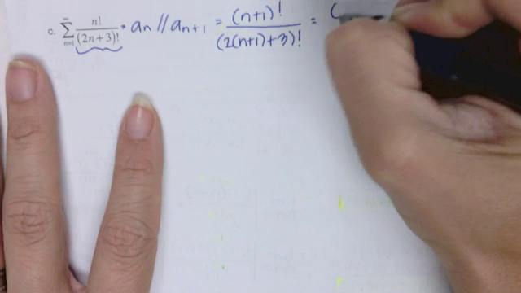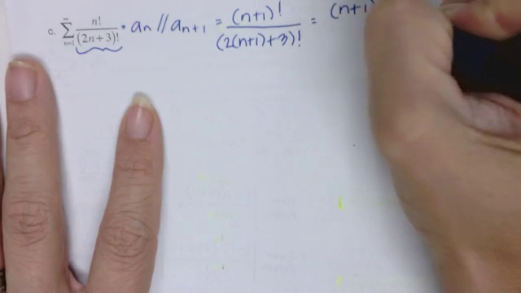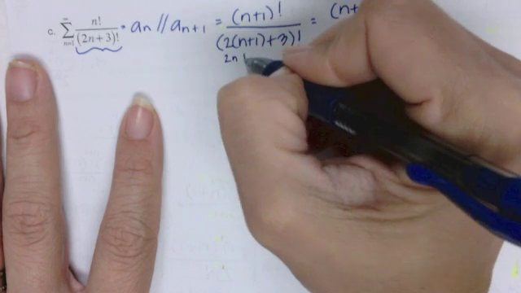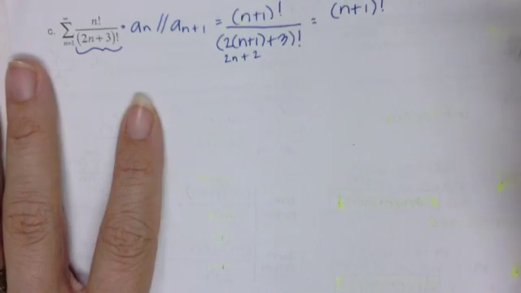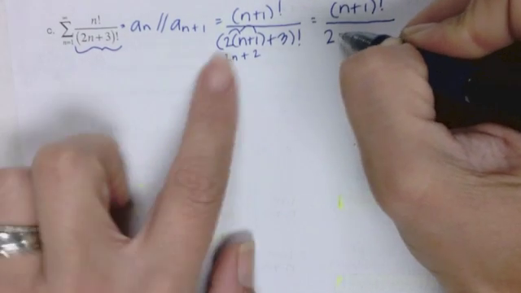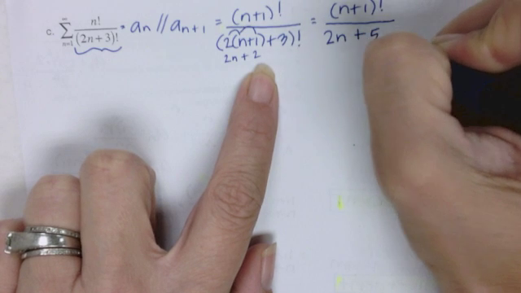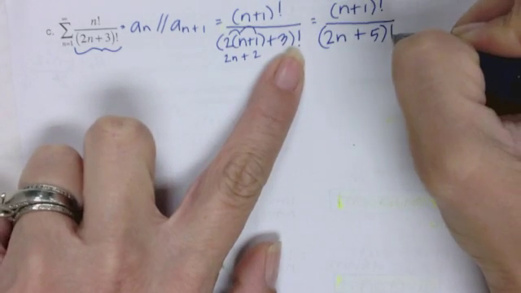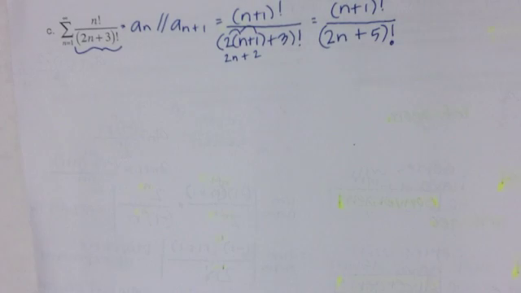And then we're going to simplify this. This is 2n plus 2, right, when I distribute. So that's going to be 2n plus 5, and that's all in parentheses and has a factorial. So there's n plus 1. So how do we start these?